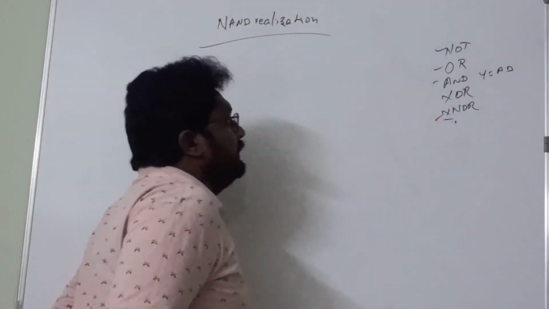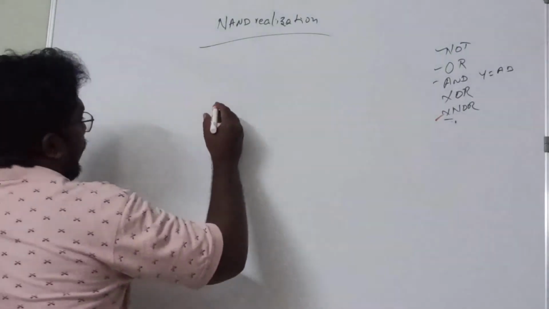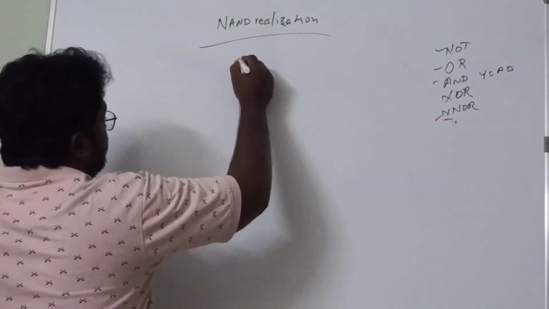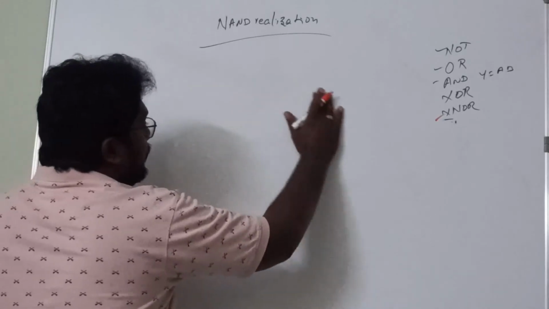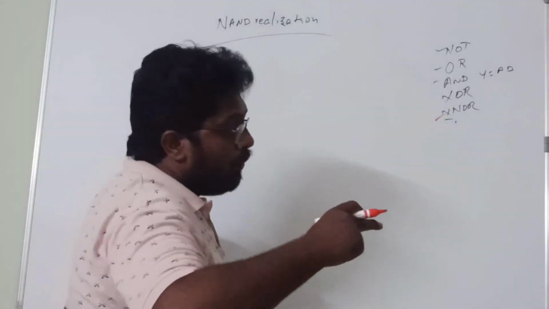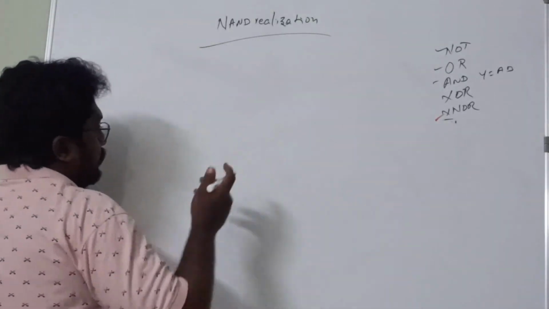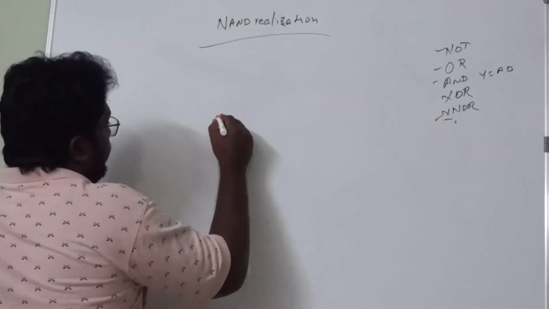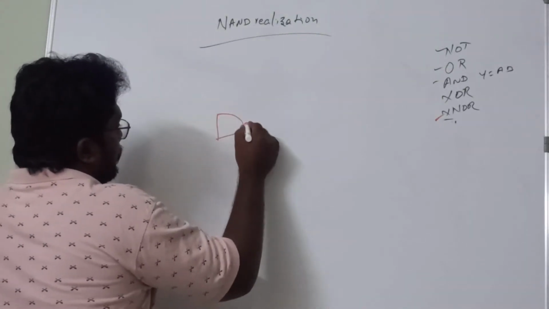XNOR gate realization by using the NAND gates will be just equal to the XOR gate realization, but here we are adding one more NAND gate to the circuit, right? So let us see.